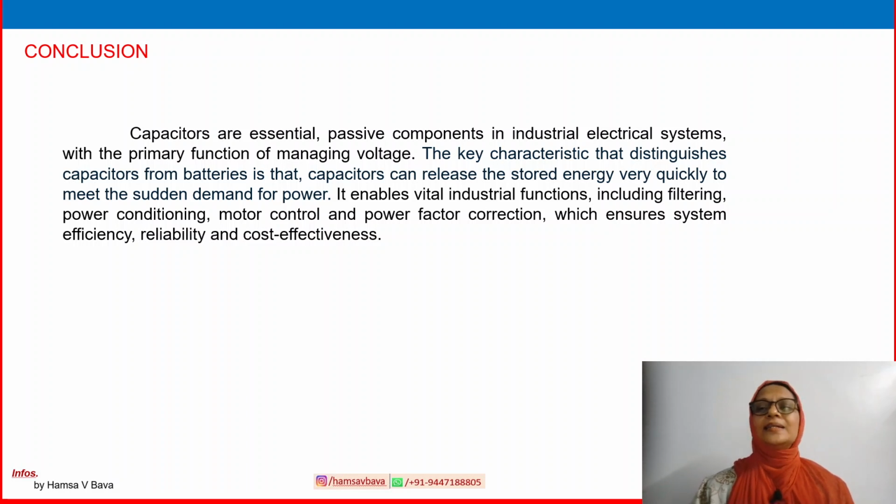The key characteristic that distinguishes a capacitor from a battery is that capacitors can release the stored energy very quickly to meet a sudden demand of power. It enables vital industrial functions including filtering, power conditioning, motor control, and power factor correction, which ensures system efficiency, reliability, and cost effectiveness.